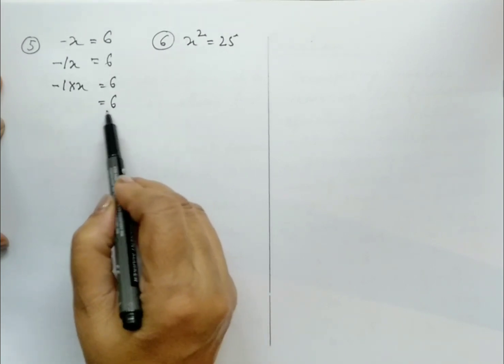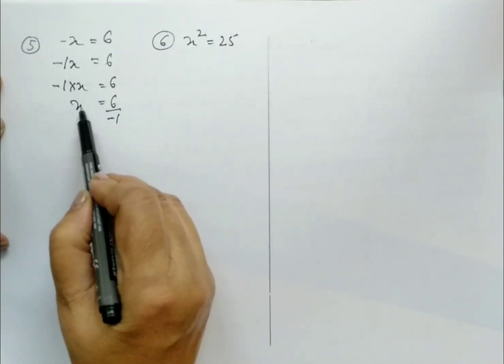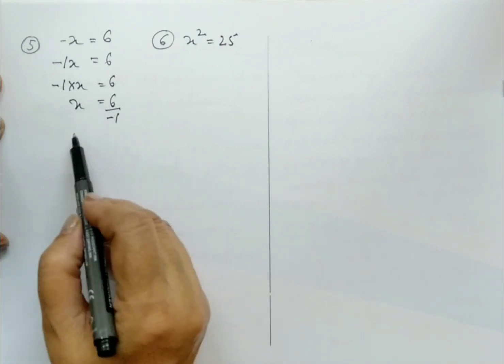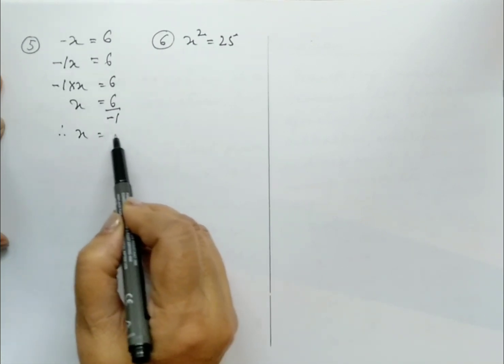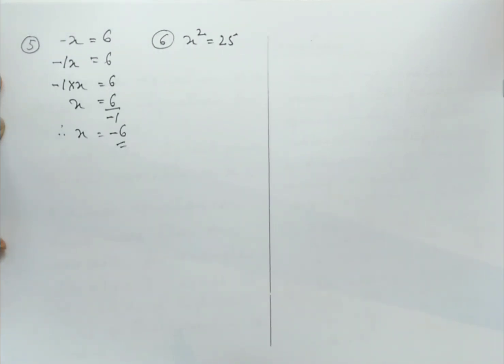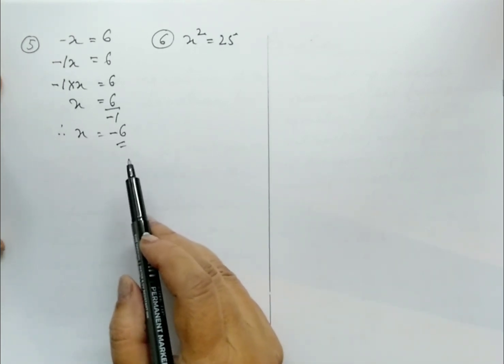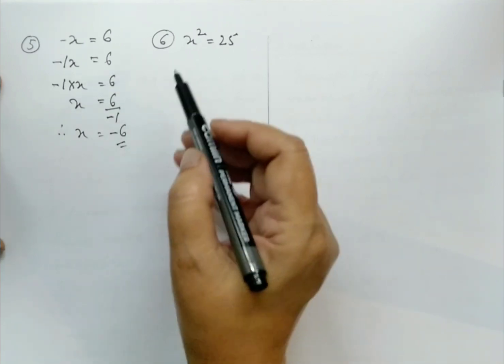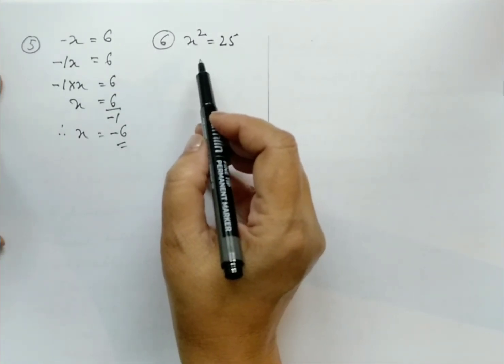So 6 divided by minus 1 x, which means what? Minus plus minus. Therefore, my x will be equal to minus 6. This is my answer. So this is how we are going to segregate these kinds of sums to be able to reach a tangible solution.